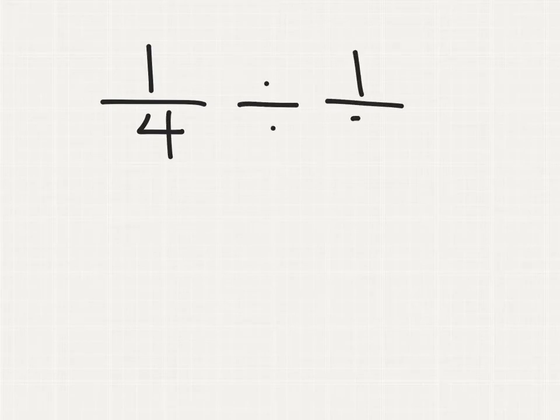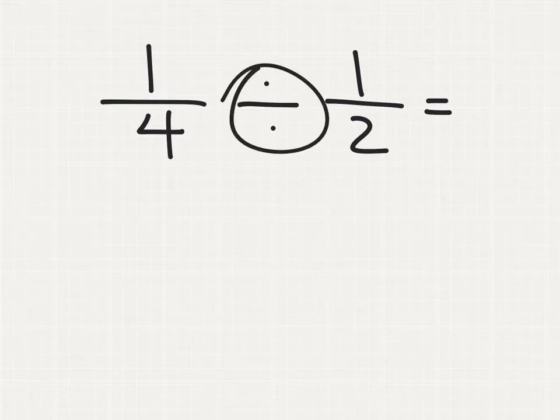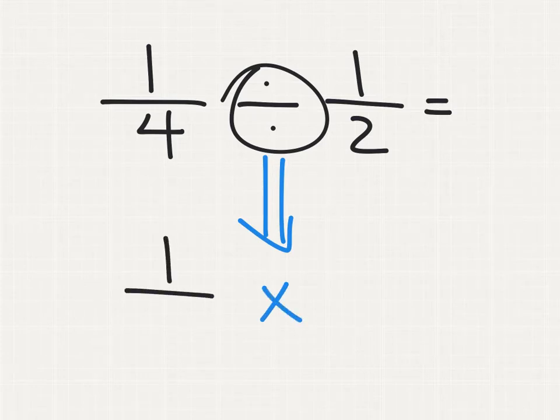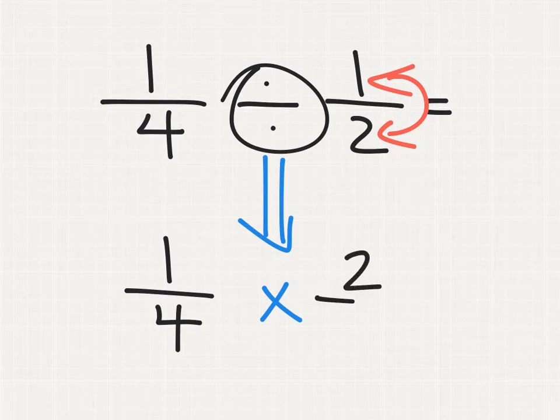So now what if I had 1/4 divided by 1/2? Remember, we're no longer dividing, so we're going to change division to multiply. I have 1/4 times the reciprocal, which is 2 over 1.